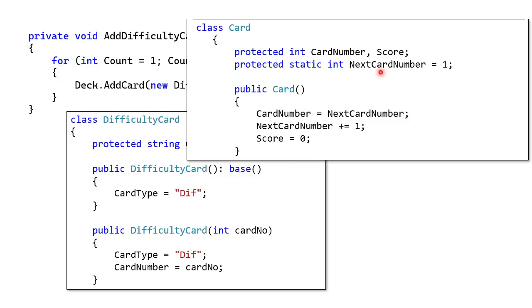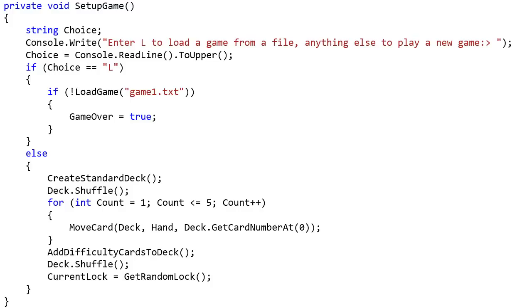So this value here gets put into card number, and then it increments that next card number and initializes the score to 0. So returning back to setup game, it will now call the shuffle method.